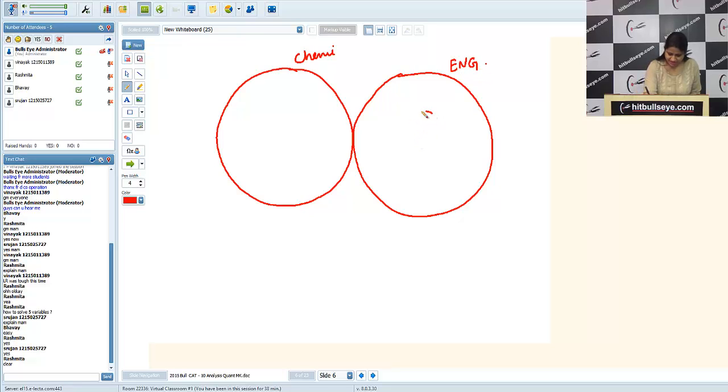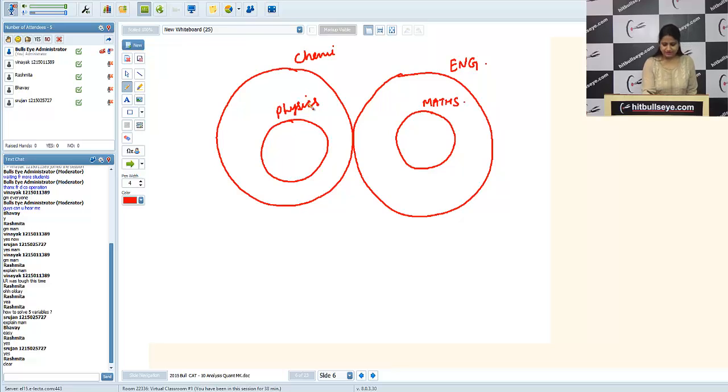Then we have maths. Then we have this physics inside chemistry. And we are left with bio. For bio, there is no instruction given. That's why I'm taking this way.